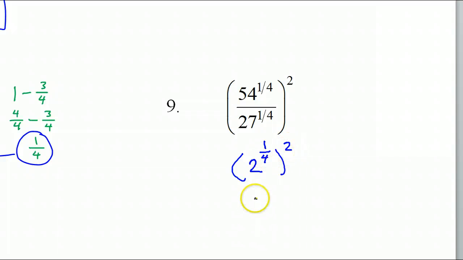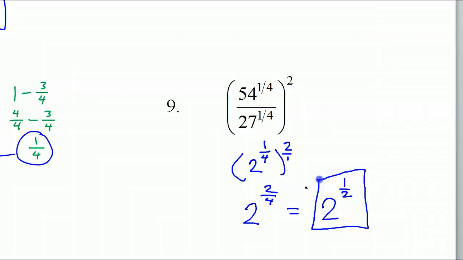A power raised to a power, you multiply. So this will give me 2 to the 2/4 power. 1 times 2 is 2, 4 times 1 is 4, so 2/4. And then just reduce this, so I have 2 to the 1/2 power. And that is it for that problem.